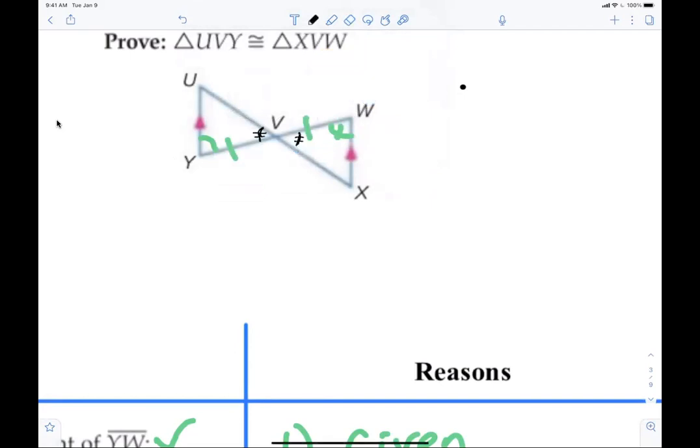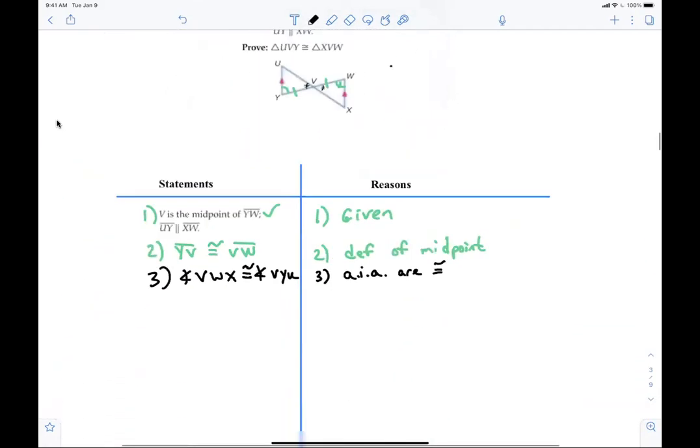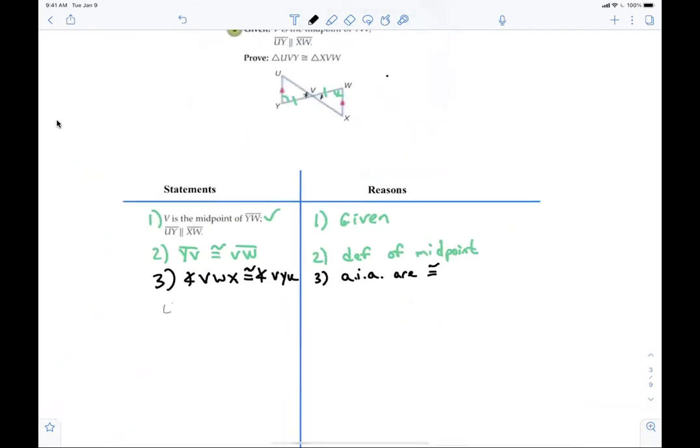Oh, that was easy. All right. Thank you, Lexi. So we can say from there that angle UVY is congruent to WVX. And of course, that is the vertical angle theorem.